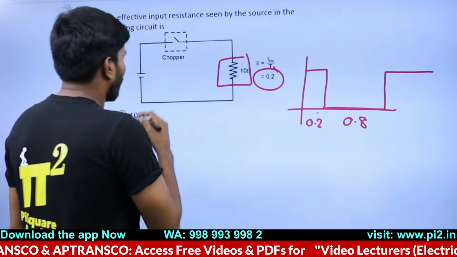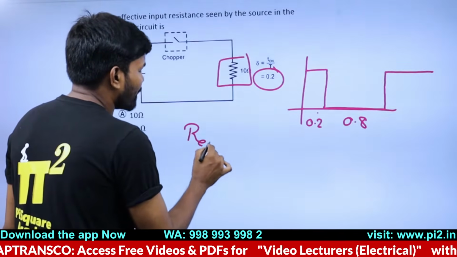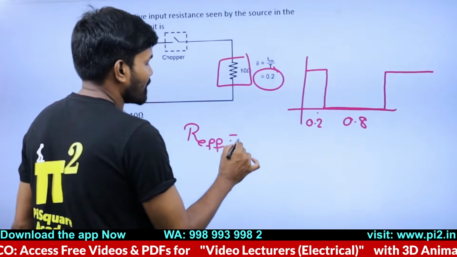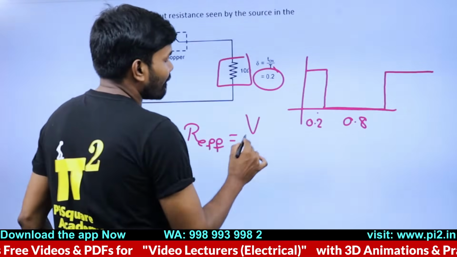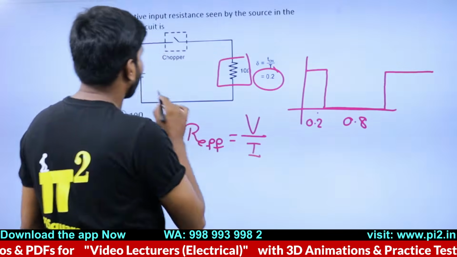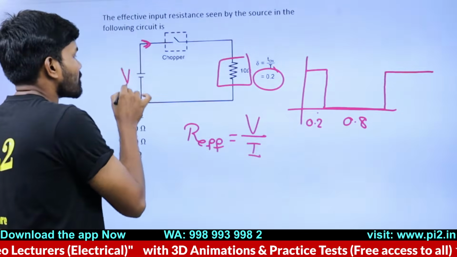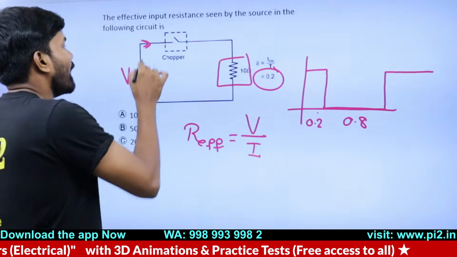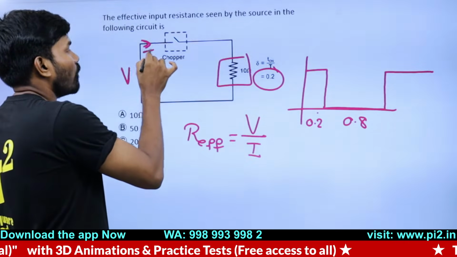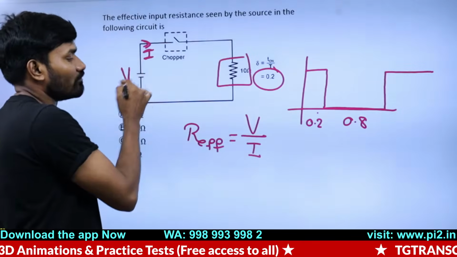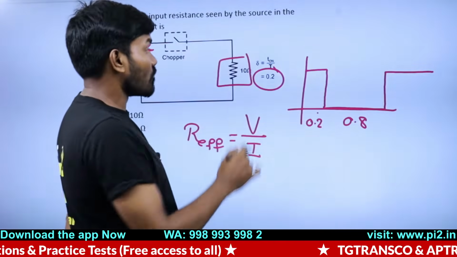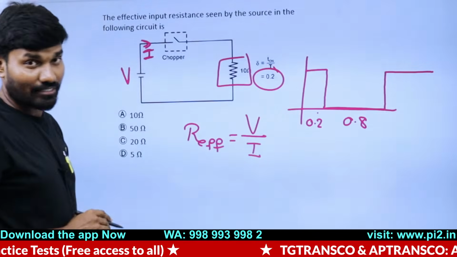Now, effective resistance is simply the voltage divided by the current flowing at the source. How much is the source voltage, and the current flowing, the division of these two will give the effective resistance, not just 10 ohms.